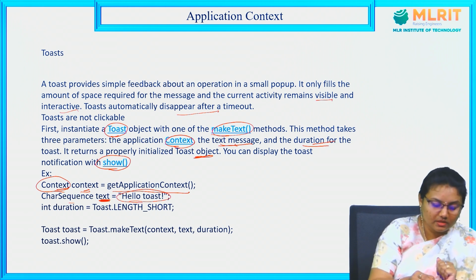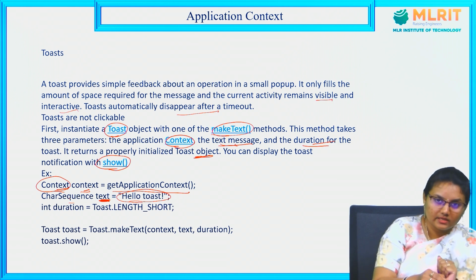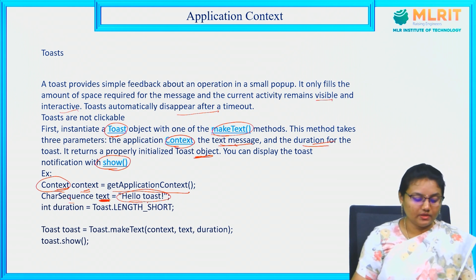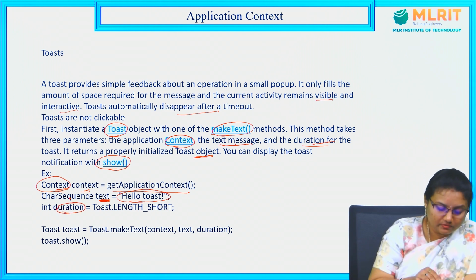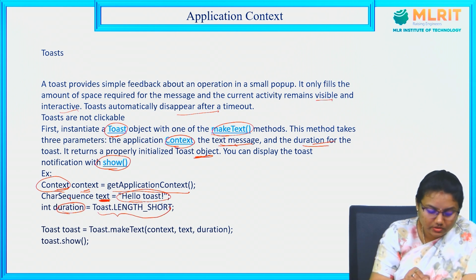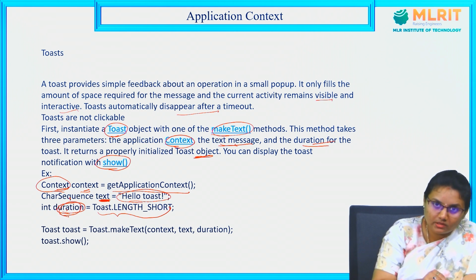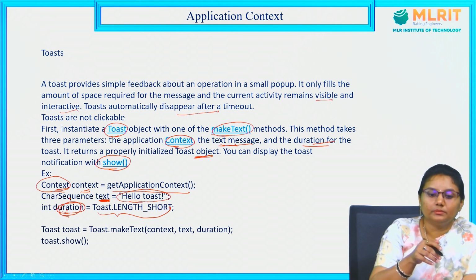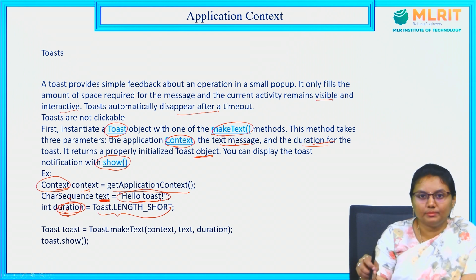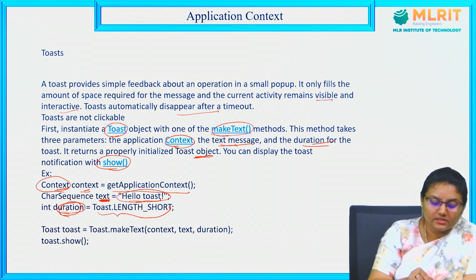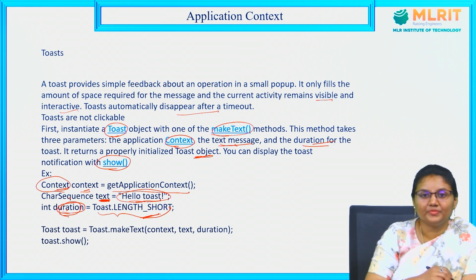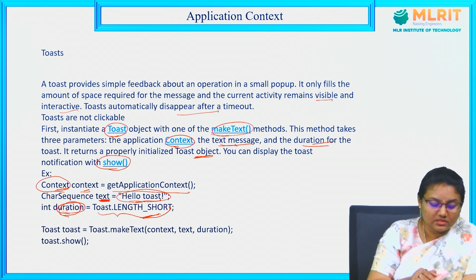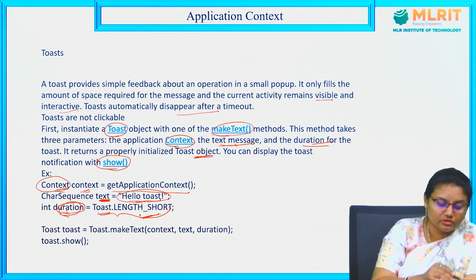This is a variable created under CharSequence, a set of characters, a string. Then int duration. We are assigning Toast.LENGTH_SHORT to duration. The duration is about how much time the message Hello Toast should be displayed. So we are giving LENGTH_SHORT for a shorter time period. This is already a predefined value under the Toast class, so this toast object is taking LENGTH_SHORT and storing it into duration.